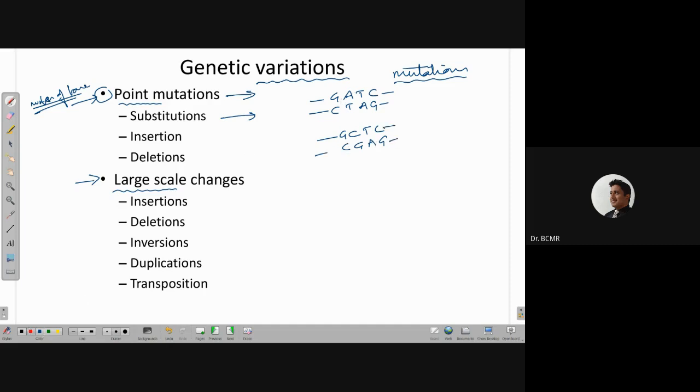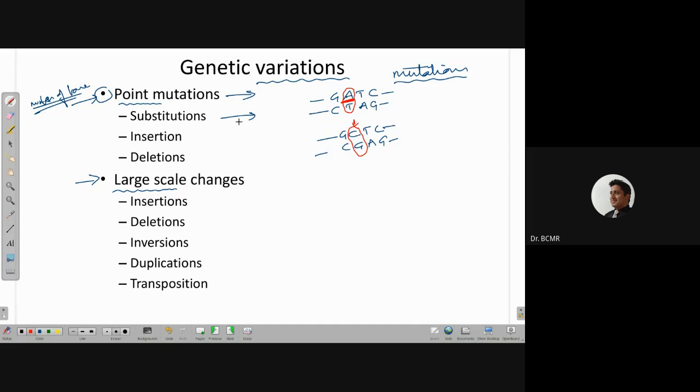The sequence in this position is different, right? The total number of bases is the same, but a substitution has happened. In place of A, there is C. Something like C is substituting A, right? So there is a change.